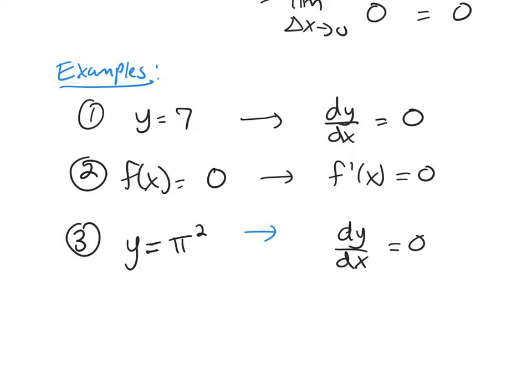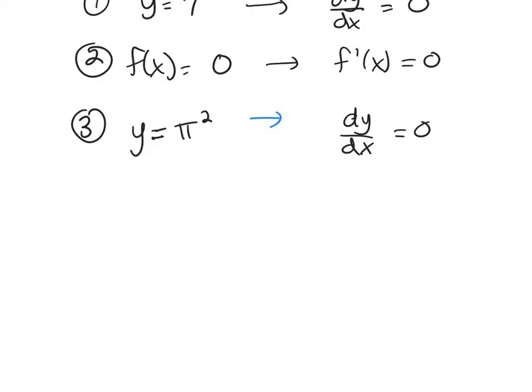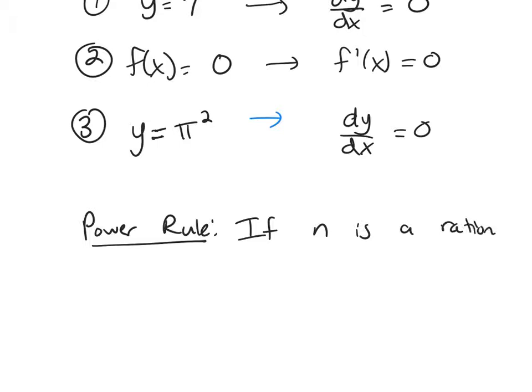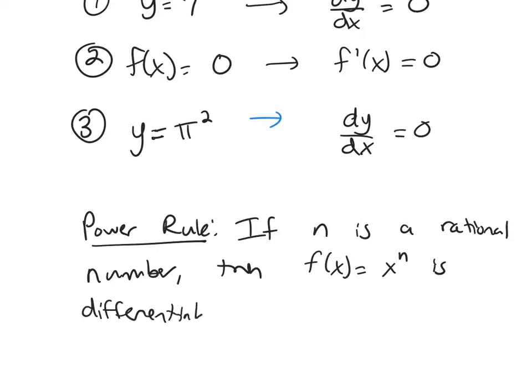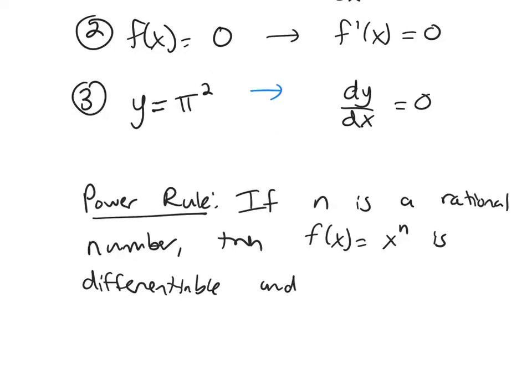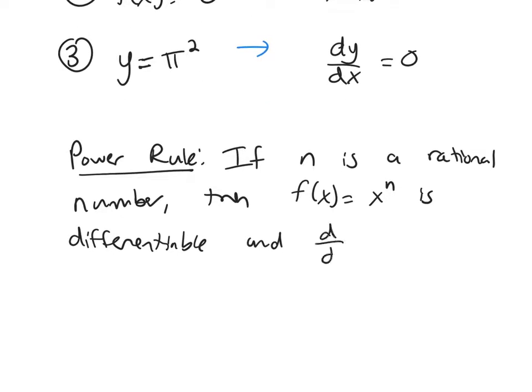All right, so now let's talk about the power rule. The power rule, and I'm going to state it here: if n is a rational number, then the function x to the n is differentiable, and its derivative, d dx of x to the n, is n x to the n minus 1.